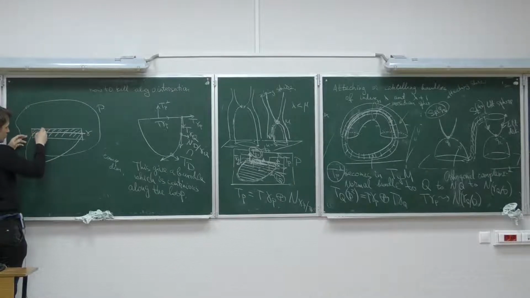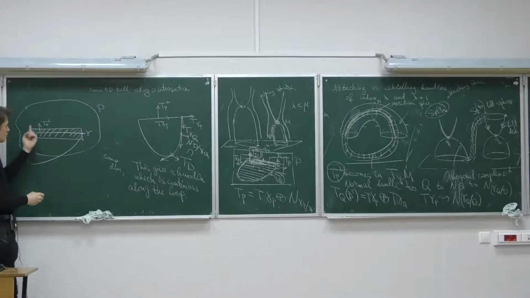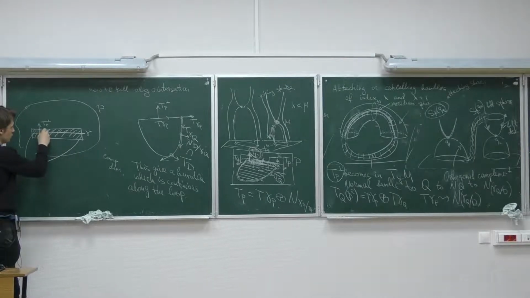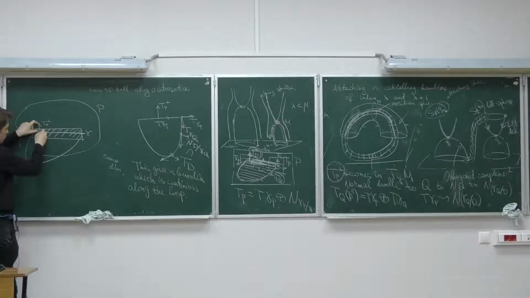You had the coordinate corresponding to P bot, the coordinate corresponding to this direction, and the coordinate corresponding to gamma. And using this splitting, you want to lift one going along the tongue, in this direction.